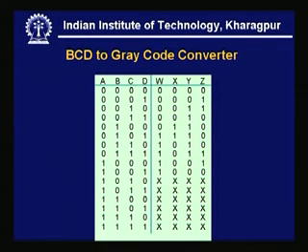Now, we take another real life example, the BCD to gray code converter. Already we have discussed this example, and the output functions were realized in different ways. Now, if there are 4-bit inputs ABCD, the outputs will be a unit distance code, and the gray code is shown in this way.